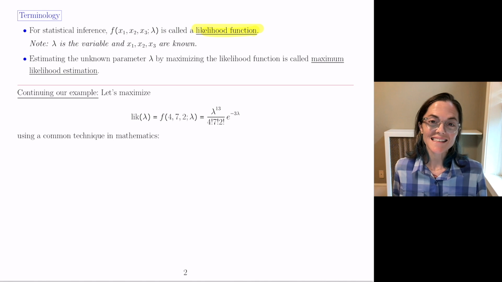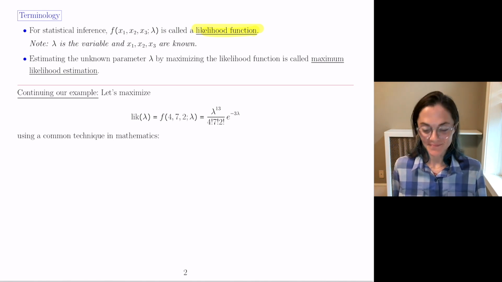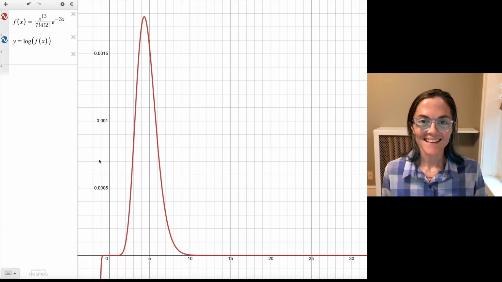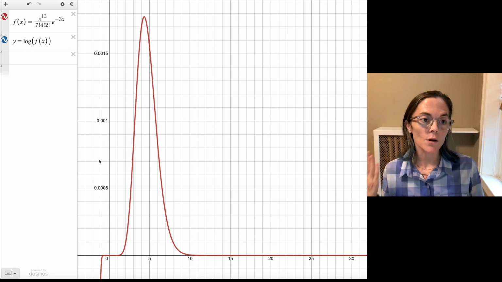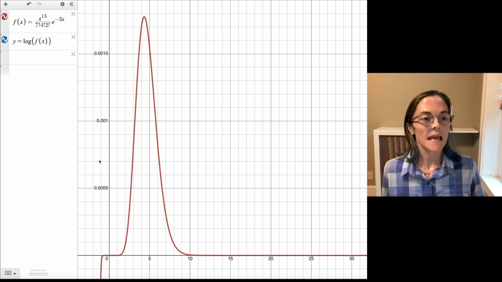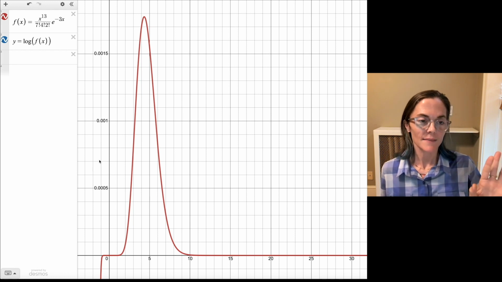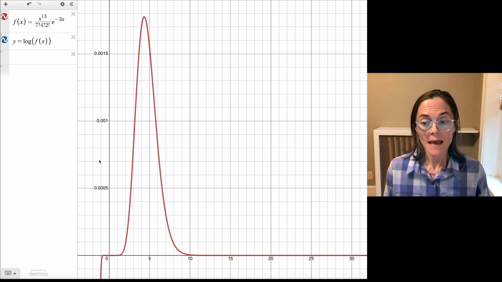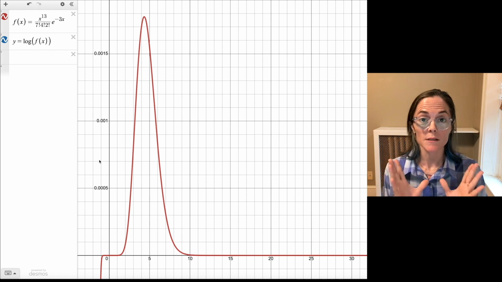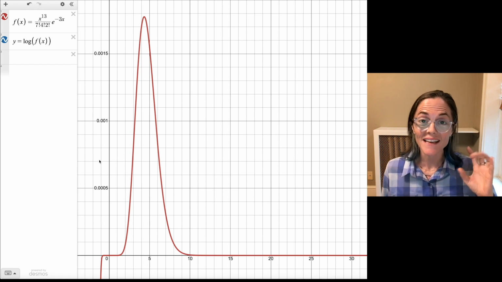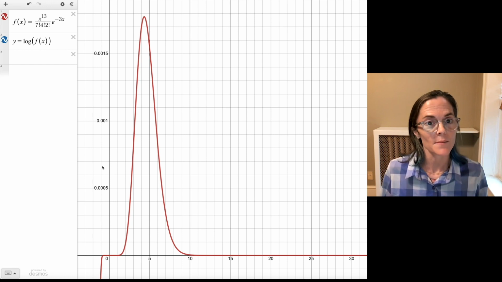However, before I get started, let's look at a picture. What we're looking at is our likelihood function. Here, I've entered this as a function of x, but think of this as f of lambda. Now, in the window that I have chosen to plot this function, we can very clearly see a maximum.